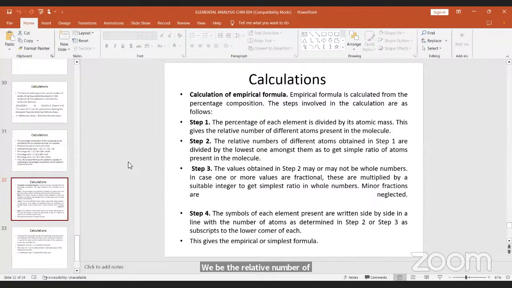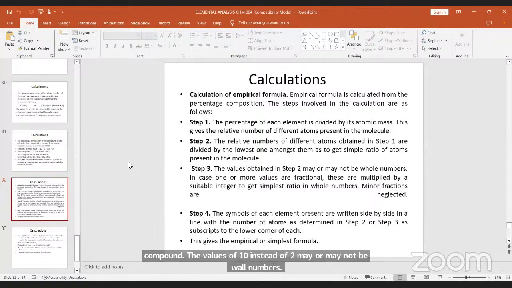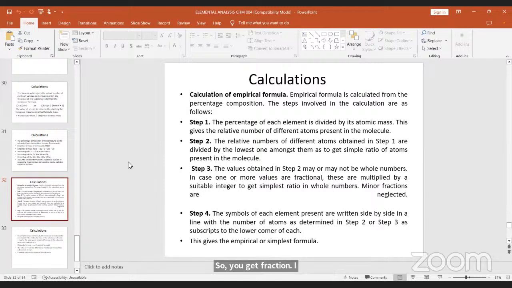Step 3: the values obtained in step 2 may or may not be whole numbers. Sometimes you get decimal points after the division.